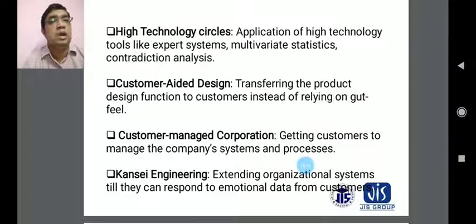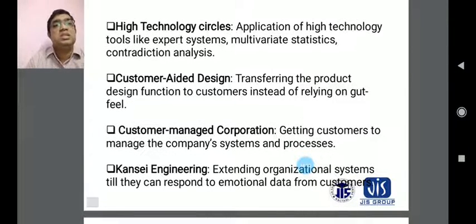High technology circles are therefore much more essential, along with the application of high technology tools like expert systems, multivariate statistics, and coordination system analysis.